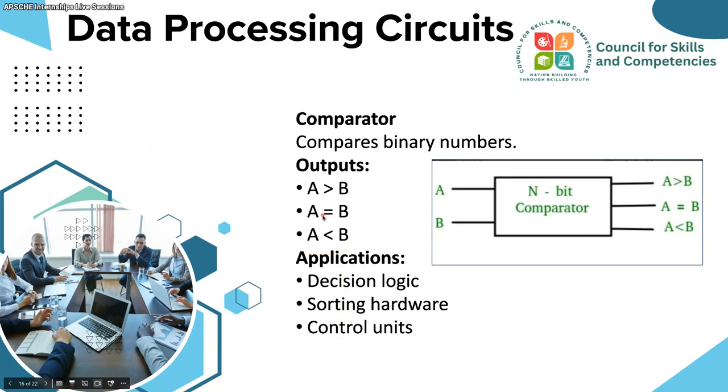It compares whether a is greater than b, whether a is equal to b, or a is less than b. So it comes for the decision logic. This is very much important, and for sorting, the hardware and the control units, these are all very much important. Depending on the input, it wants to compare, and according to the comparison, it wants to take the decisions. That is where this is a data processing circuit, not an arithmetic circuit. This is the data processing circuits.